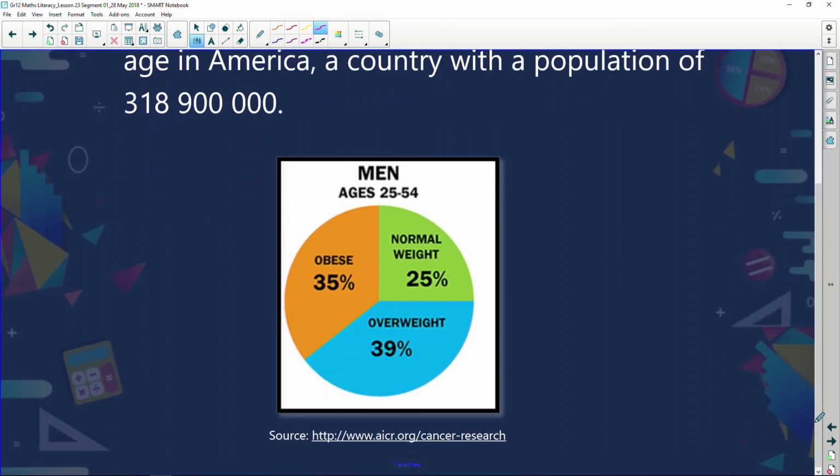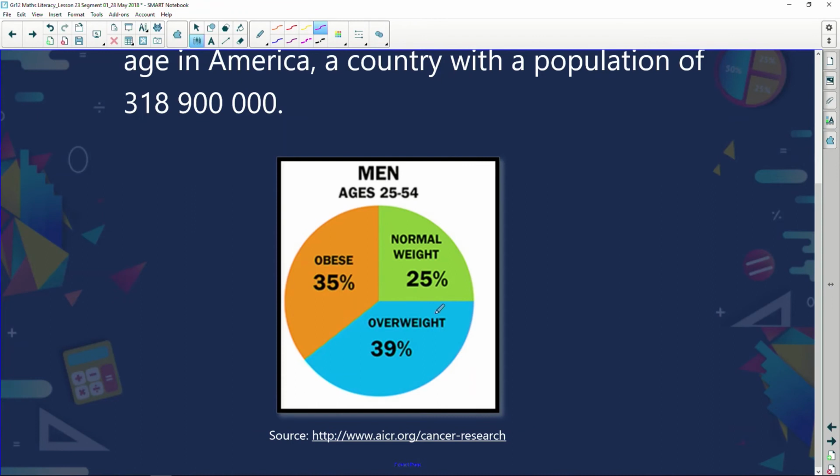Okay, so there is our bar graph, and our pie chart, and it shows quite clearly that 35% of men aged between 25 and 54 are obese, and 25% are of normal weight, and 39% are overweight. So it's quite a lot who are overweight and obese, whereas when you look at the normal weight, not that many.